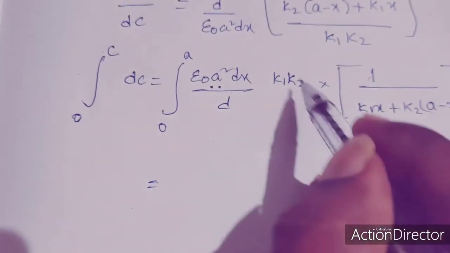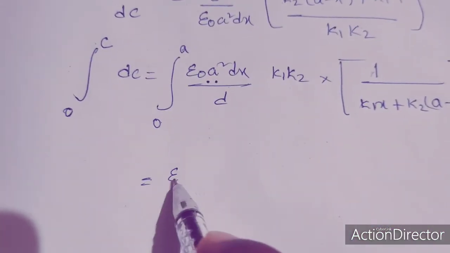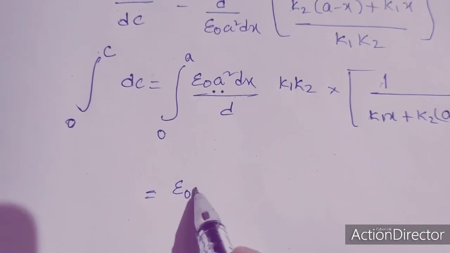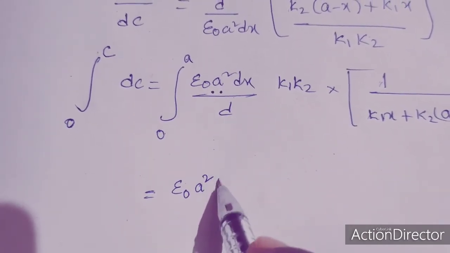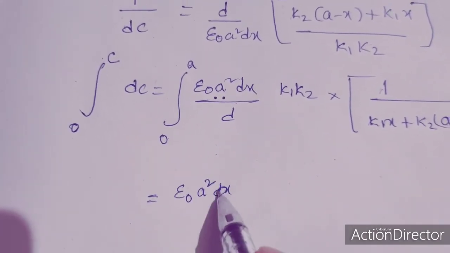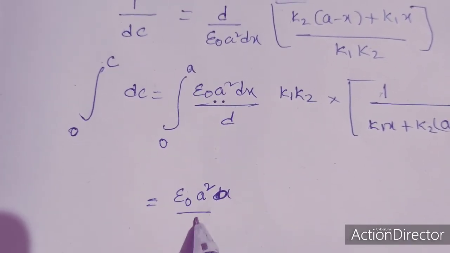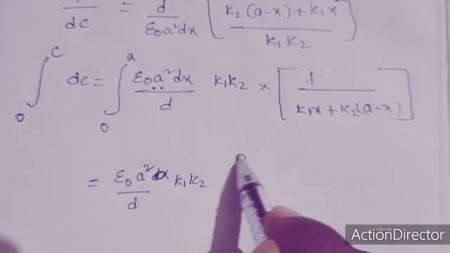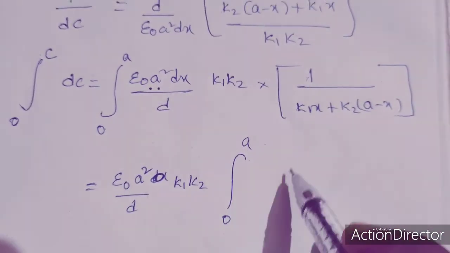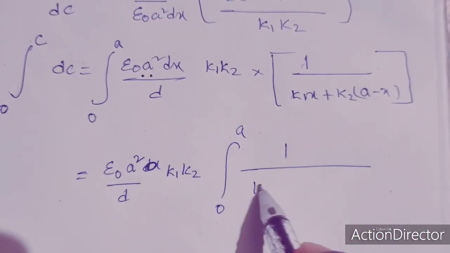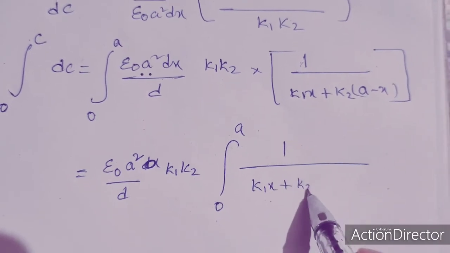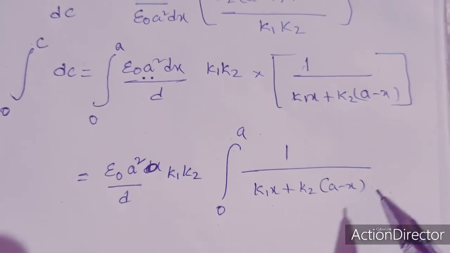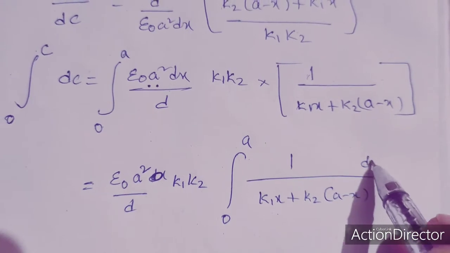So here this total term is constant, a common constant physical quantity: epsilon naught a square divided by d into k1 k2. Integral 0 to a of 1 by k1x plus k2 of a minus x, dx.